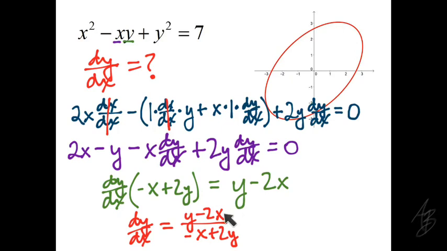We could write it as y minus 2x over 2y minus x. Depending on what you do, it's possible to factor out a negative 1 on the top and the bottom, and we would have 2x minus y over x minus 2y. But this would be an acceptable answer in a free response as long as it's equivalent to the correct answer, which of course it is.